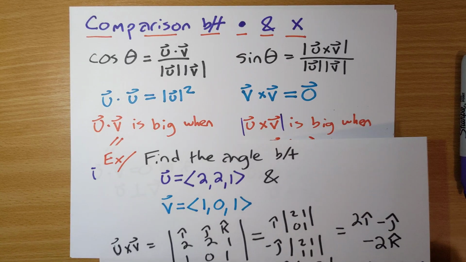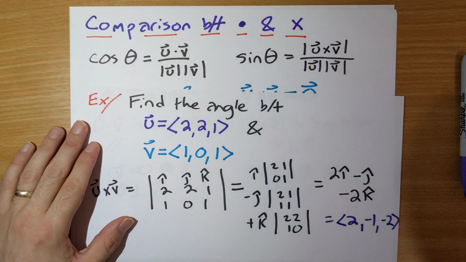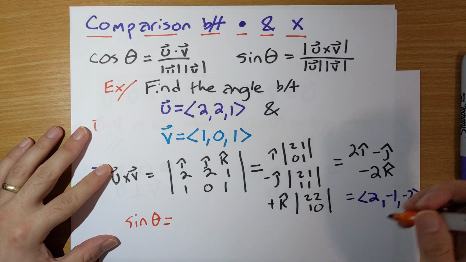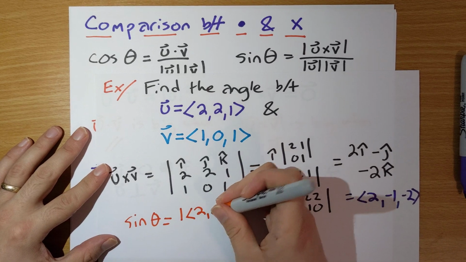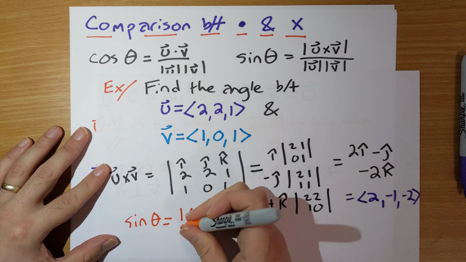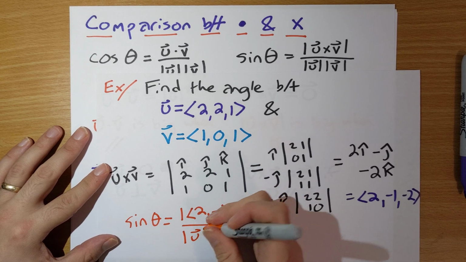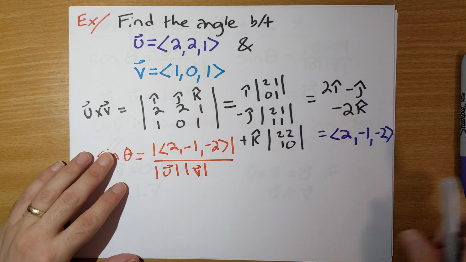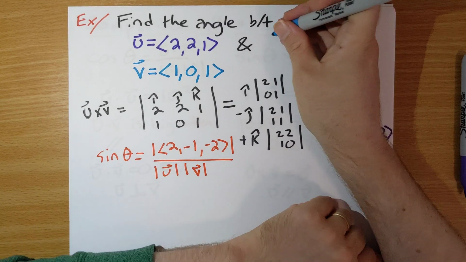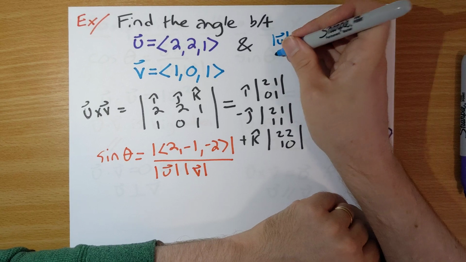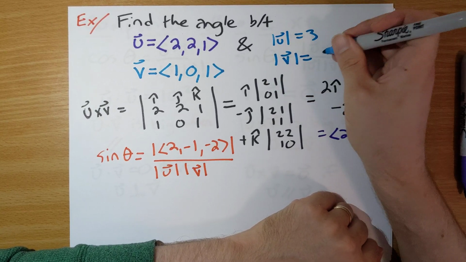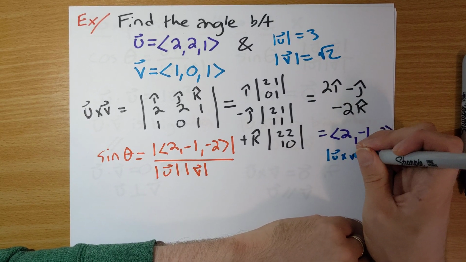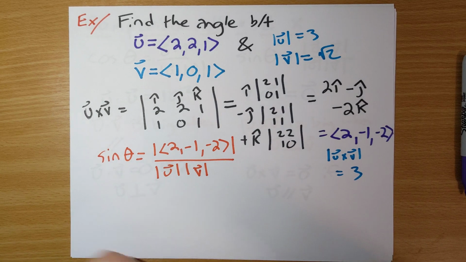And so now we are going to use this formula right here. So sine of theta is the magnitude of 2, negative 1, negative 2, divided by the magnitude of u times the magnitude of v. Check for yourself that the magnitude of u is 3. The magnitude of v here is square root 2. And the magnitude of u cross v is also 3.